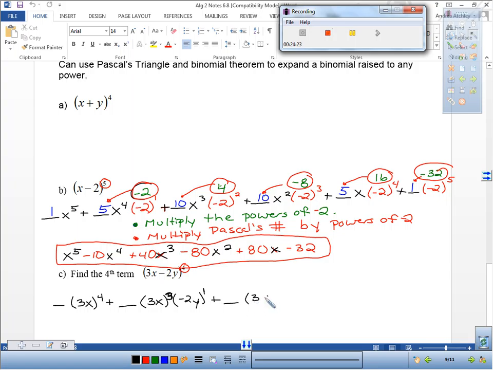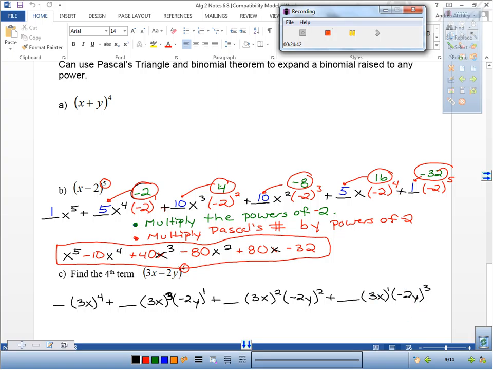Then we get 3x squared, and then negative 2y squared, plus my blank. Then we're going to have 3x to the 1st, and then negative 2 cubed. Now, this is the 1st term, this is the 2nd term, this is the 3rd term, this is the 4th term. Since I've gotten to the 4th term, I don't need to keep going.